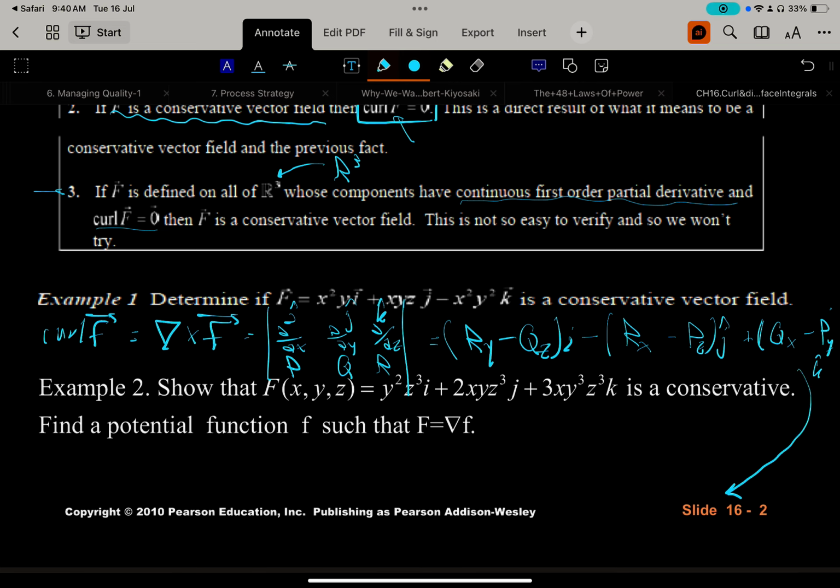And so let's find this. R_y, what is R_y? Now this is P Q R, and so R_y with respect to y is just 2x squared y minus Q_x, which is 2x for xy, yeah, 2xy.